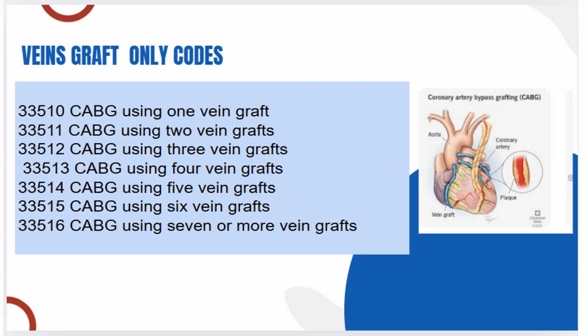Now these are the codes for the vein-graft-only procedures. That means whenever we have used the vein as a graft material. If you see, the codes start from 33510 to 33516, and they talk about one vein graft, two vein grafts, 3, 4, 5, 6, 7 and more.